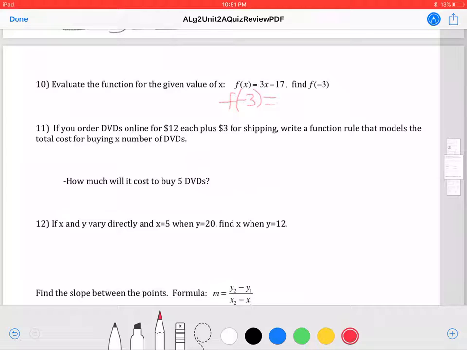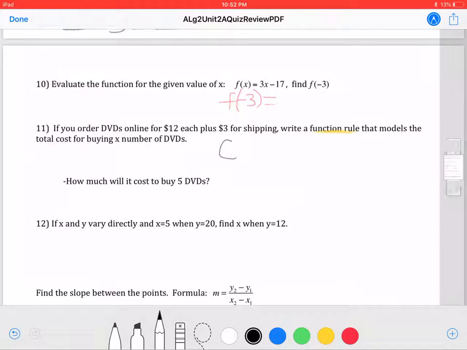Number 11 is a word problem. There are usually 2 parts to every word problem. There's going to be the flat fee or set cost, and then the variable amount. When it says write a function rule, we're going to use the notation of f of x or other letters. The function has to model the total cost for buying X number of DVDs.